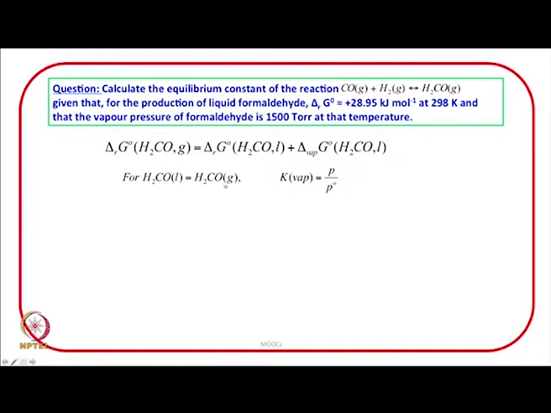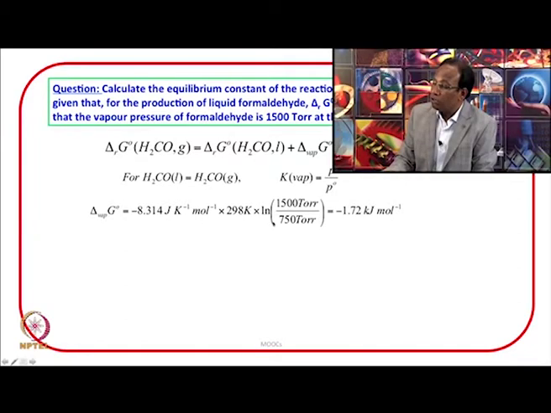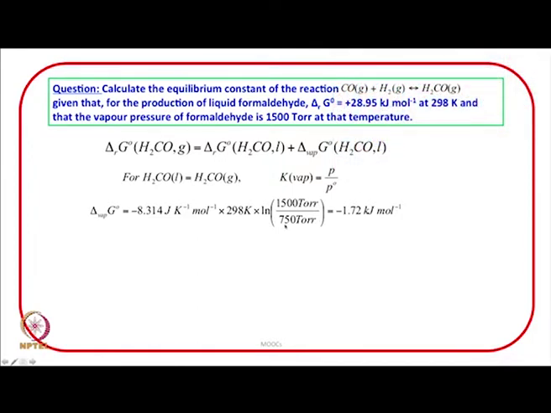P is the pressure of H2CO and P naught is 1 bar, and once we know, we can immediately substitute this information into delta G naught is equal to minus RT log K. P is 1500 torr and P naught is 750 torr in terms of torr. And once I calculate, the number comes out to minus 1.72 kilojoules per mole.